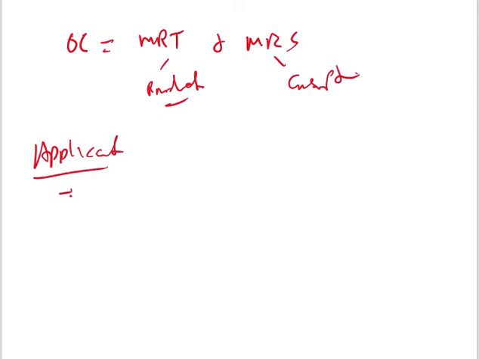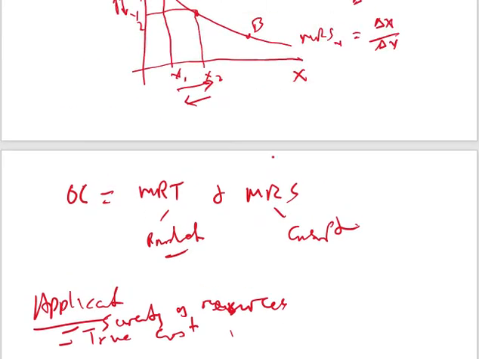So now the application. We need to know that economists agree that opportunity cost is the true cost. Whatever you do has an opportunity cost. By the way, opportunity cost arises from the issue of scarcity of resources. If resources were abundant, there would have been no opportunity cost.